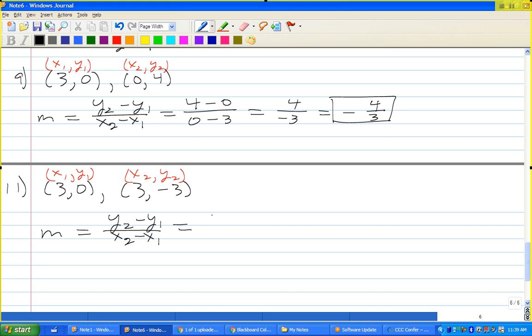And so the change in y, negative 3 minus 0, over the change in x, 3 minus 3. Negative 3 minus 0 is negative 3. 3 minus 3 is 0. And so the slope is undefined. We usually are lazy and we write UND to stand for the word undefined. Let me do problem number 13.